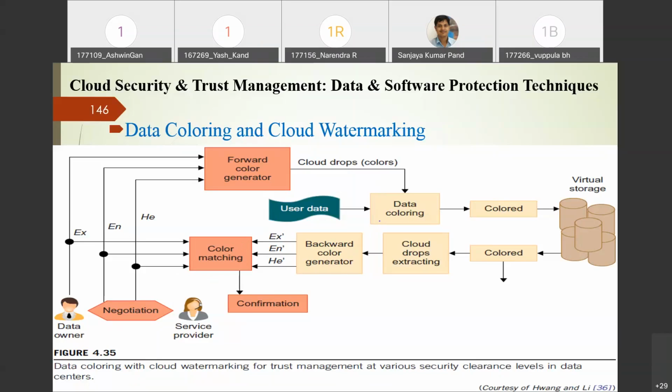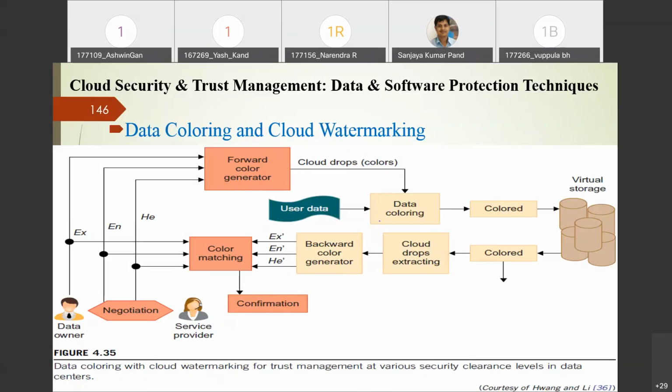The similar process is followed by the cloud service provider. They retrieve the color and check that the color retrieved from the virtual storage, stored previously, matches your current one. If it is matched, then the confirmation will come that you are able to access the data.